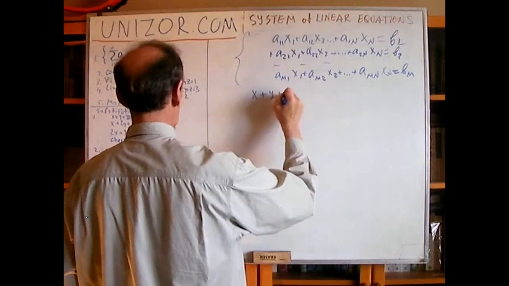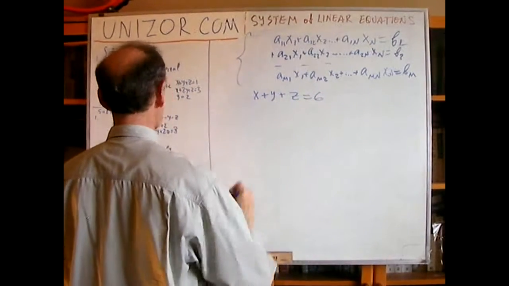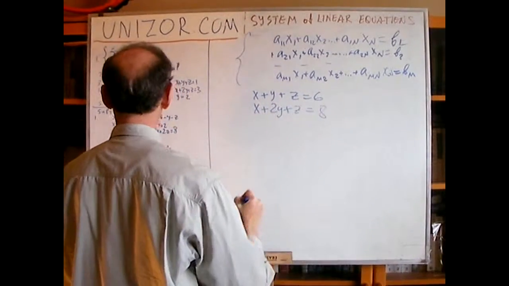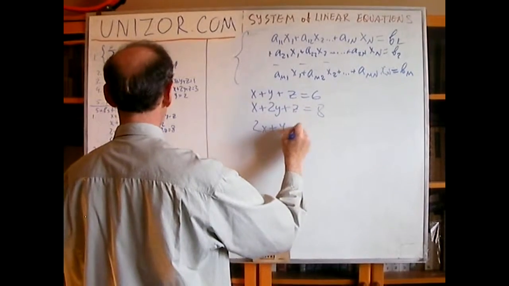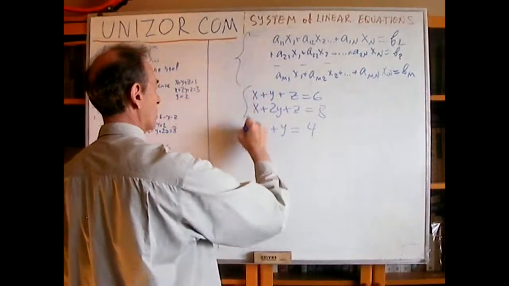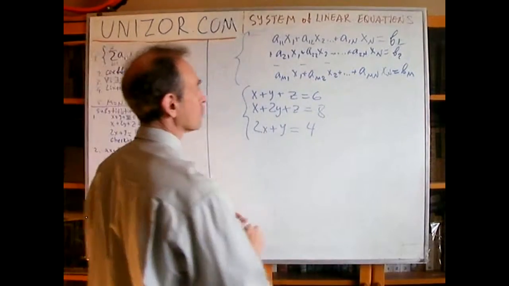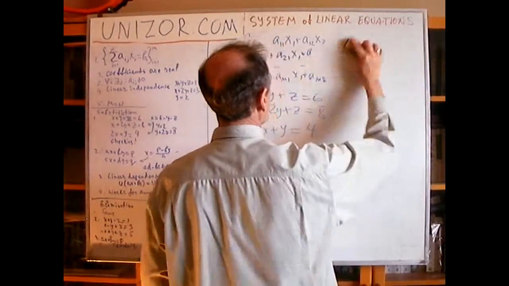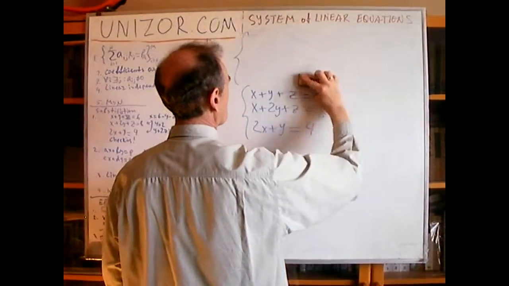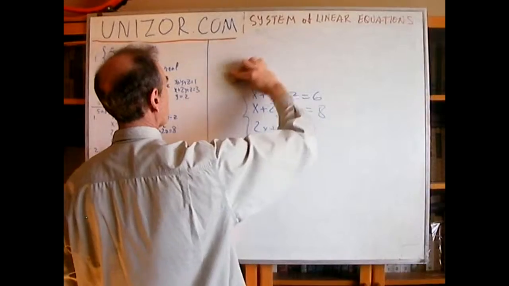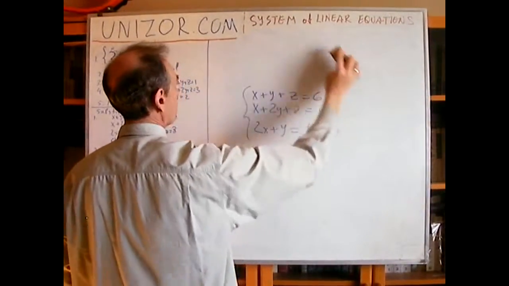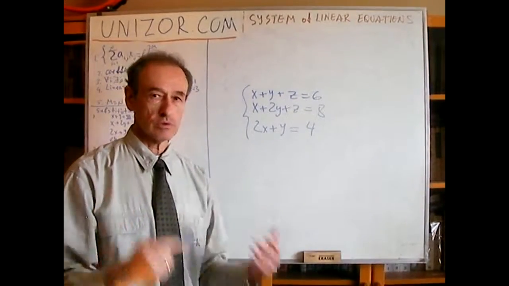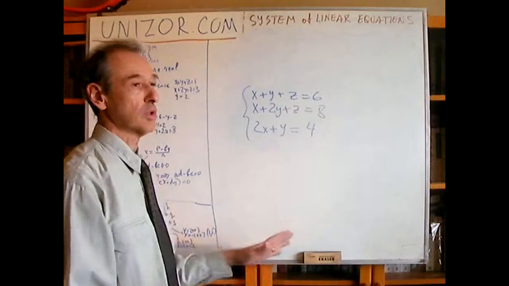X plus y plus z is equal to 6. X plus 2y plus z equals 8. And 2x plus y is equal to 4. Now, I would like to solve this system of equations using the method of substitution, which is basically a straightforward method which does not require any ingenuity. You just know the algorithm, you know the methodology, just use it and you will get the solution.